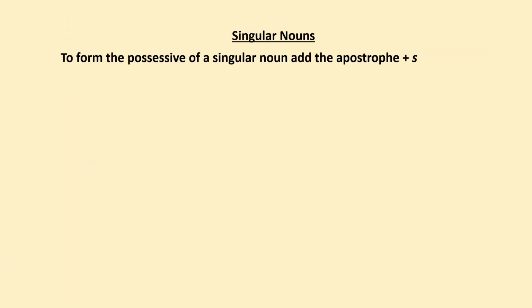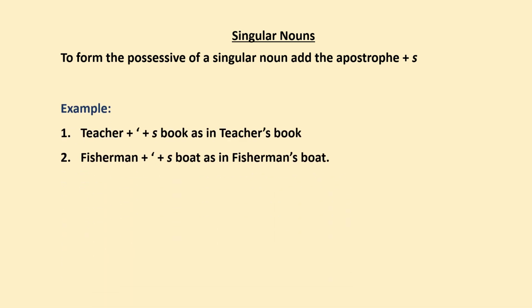So let's discuss the use of apostrophes in singular nouns. To form the possessive of a singular noun, you add an apostrophe and you add an S after the apostrophe. So let's look at these examples.